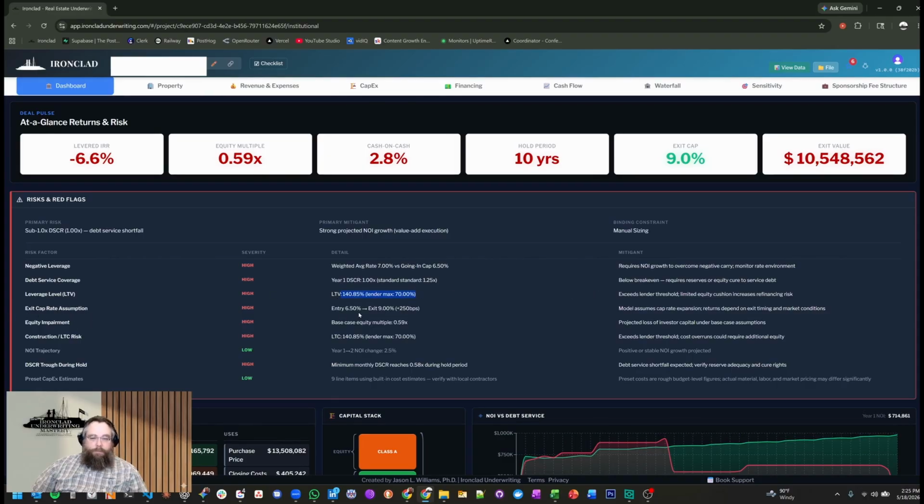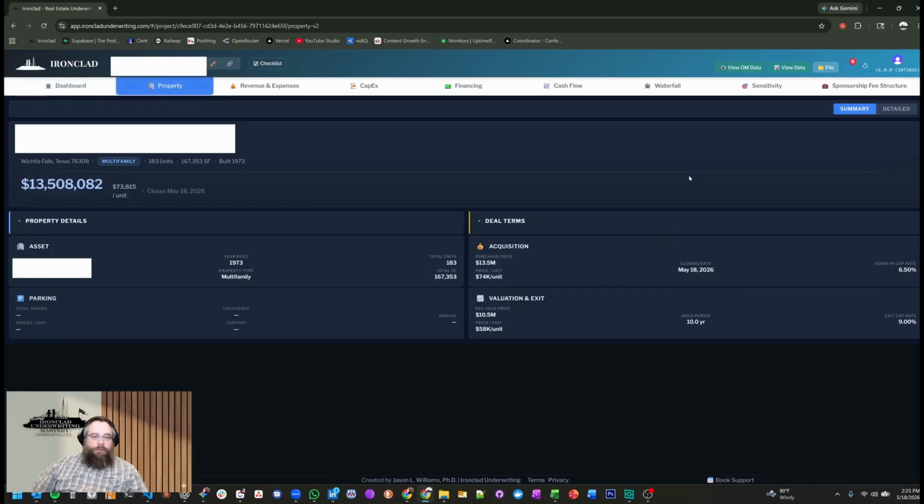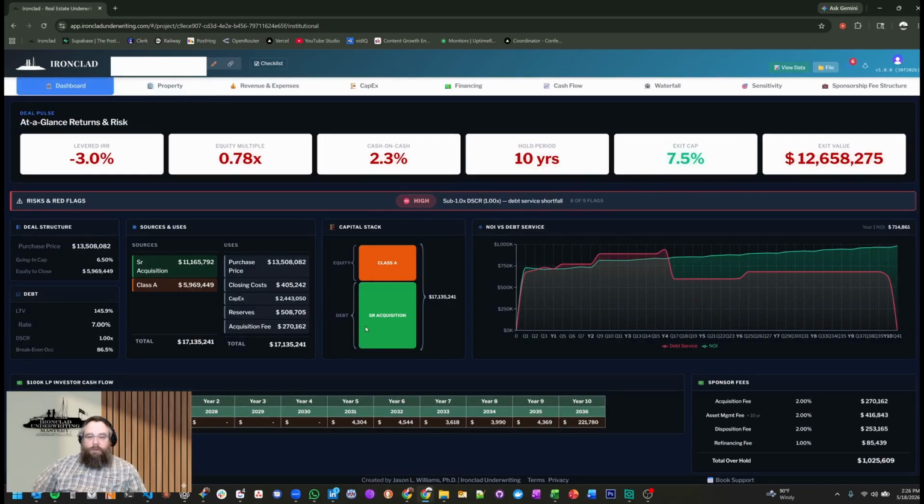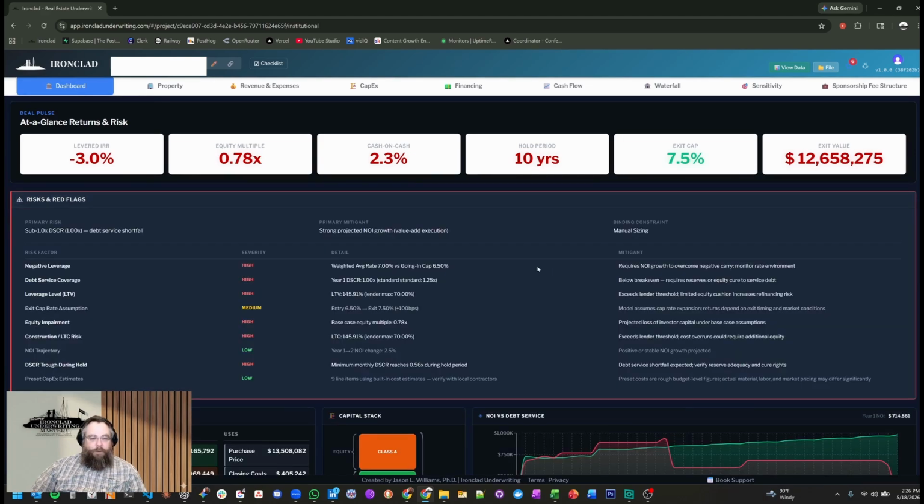Exit cap. Let's change that down to, so the valuation and exit. Let's make it 10 bips per year. Let's see what that does to the numbers. It went from 6.5 to ending at 7. So that's not too bad.